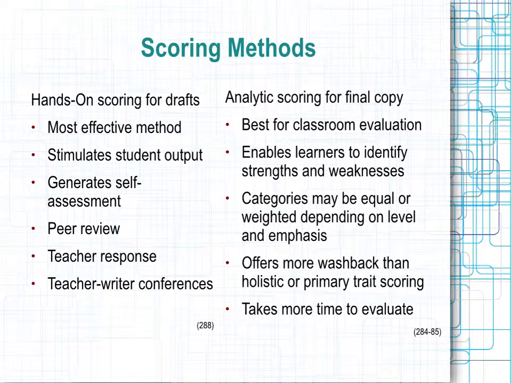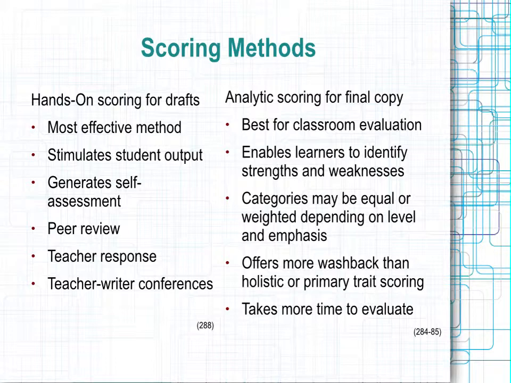The scoring for the assignment would be hands-on for drafts. This would allow students to see what works for other peer writers in the peer review process, and to think about applying that set of standards to those concerns in their own papers. The instructor response and feedback process also joins into that.